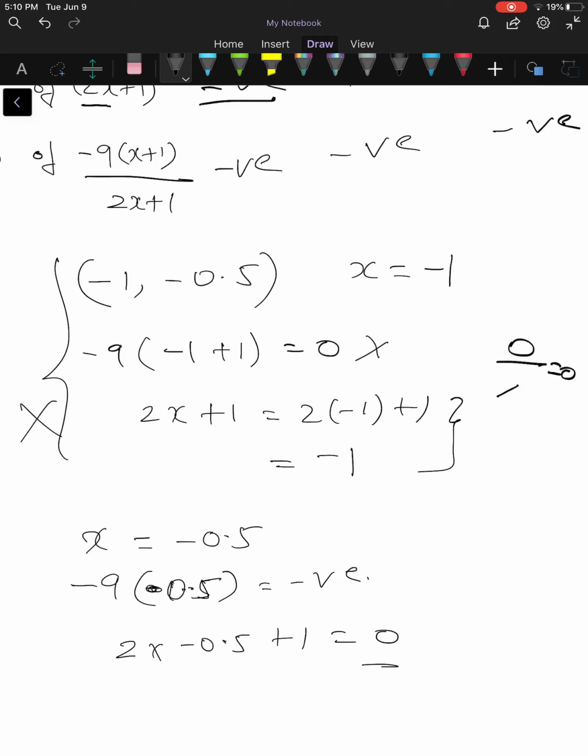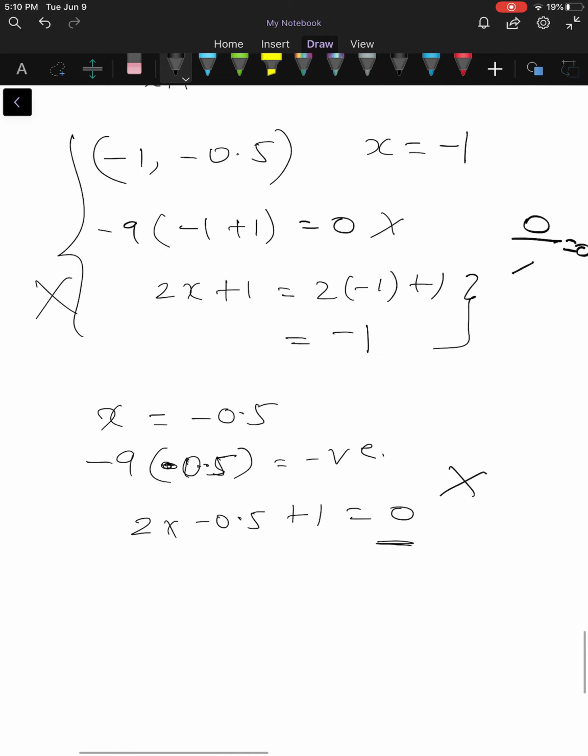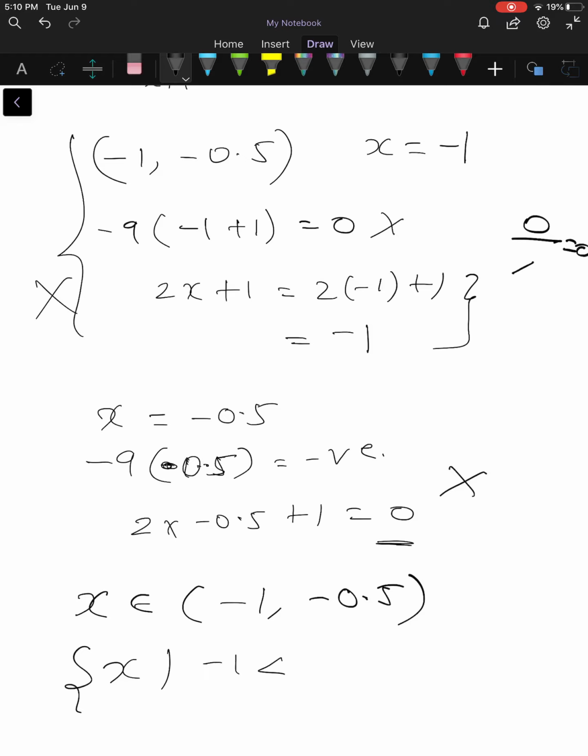So this is not at all defined. So even this endpoint is not considered. So x is taking the values in between the open interval negative 1 comma negative 0.5. Therefore, writing it in set builder form, the solution is x such that negative 1 less than x less than negative 0.5.